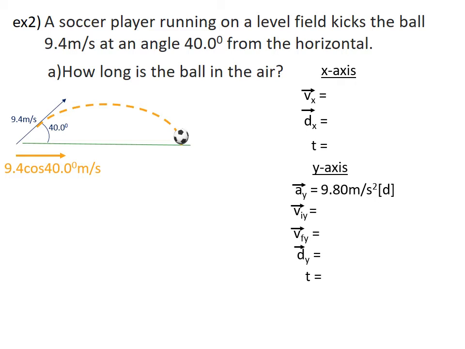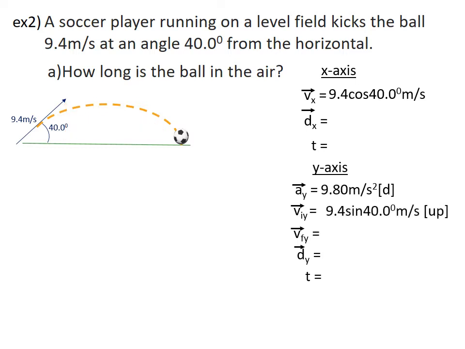So the value of the adjacent side is 9.4 cos of 40 degrees, and that's meters per second. The component in the y-axis is the opposite side to the 40 degrees. So the value, initial velocity in the y, is 9.4 sine 40 degrees meters per second.